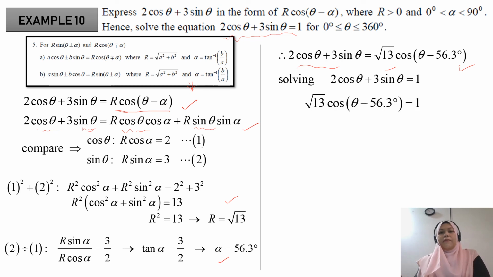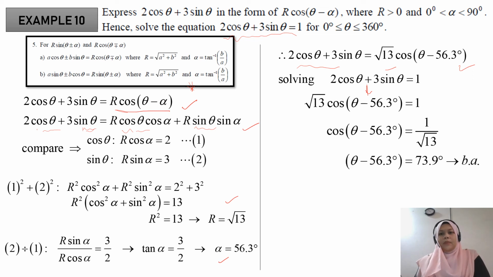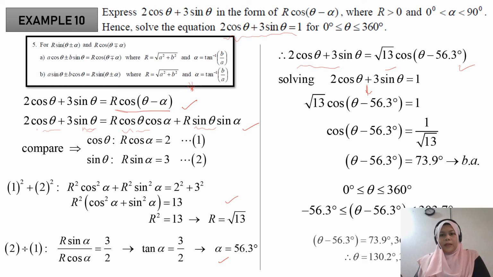So we just write back r cos(theta minus alpha) just now, which is equivalent to square root 13 cos(theta minus 56.3) equals 1. Square root 13 can be brought to the right hand side, and you will get the basic angle and solve normally to get the value of theta.